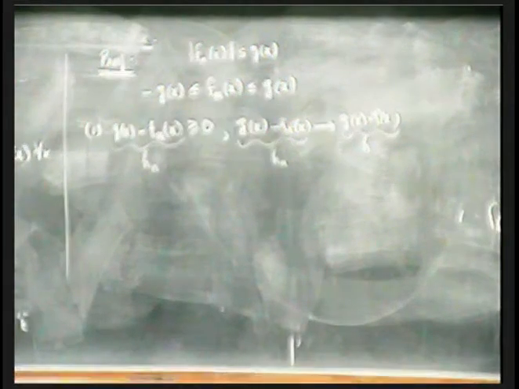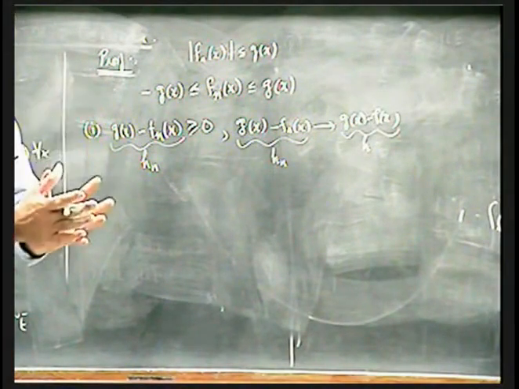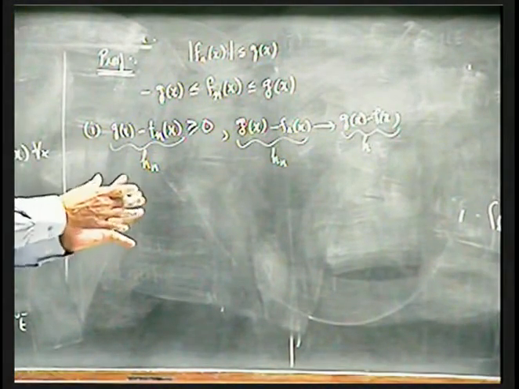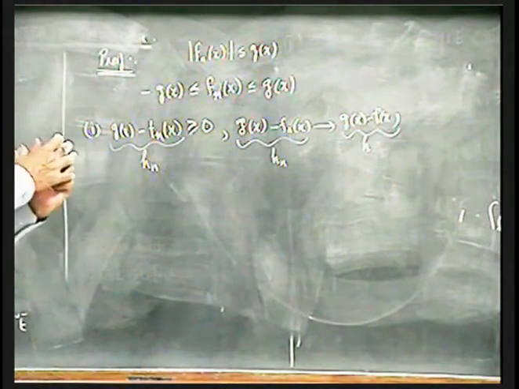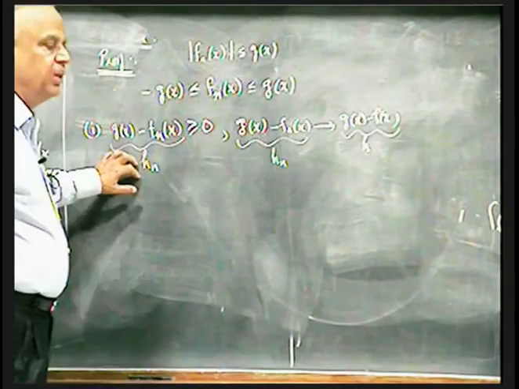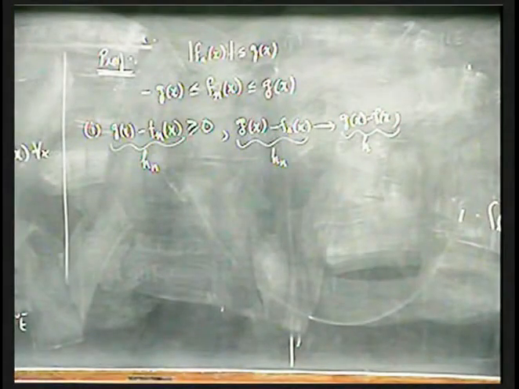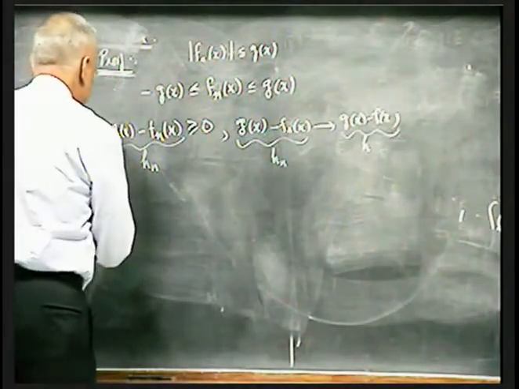So I have a sequence of non-negative functions. I have a theorem for non-negative functions, so I am going to pull these things to non-negative functions. I have a sequence of non-negative functions which converge almost everywhere to this function.